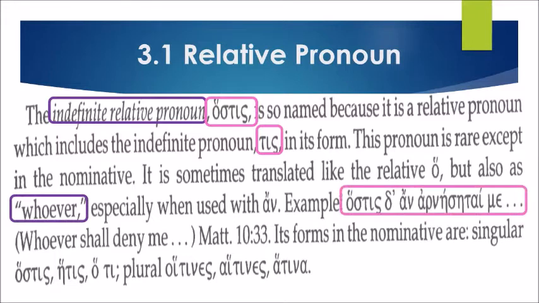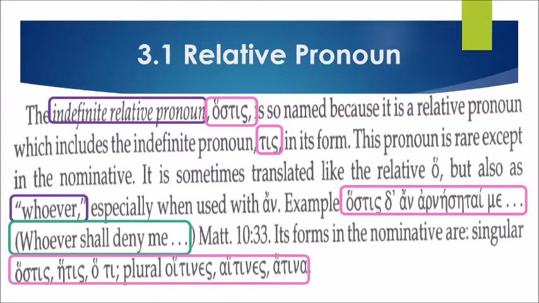Example, hostis d' an arnesetai me. It means whoever shall deny me, in Matthew 10:33. The forms in the nominative are singular hostis, hetis, ho ti; in the plural, haitines, and hatina.